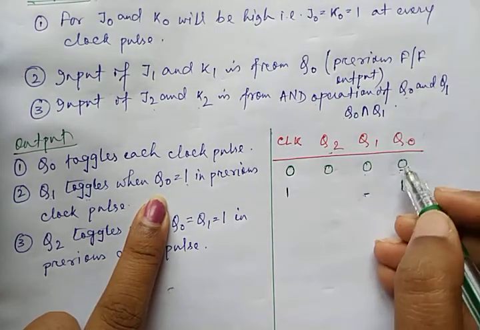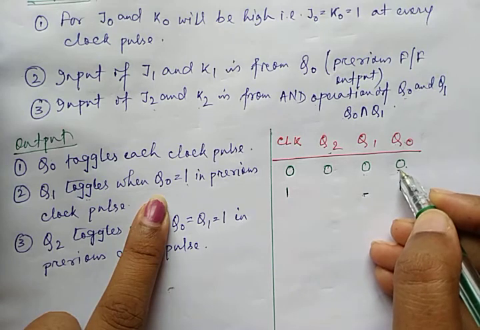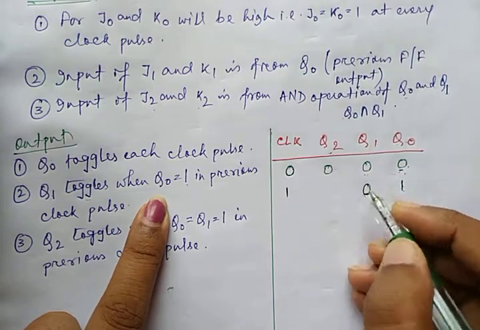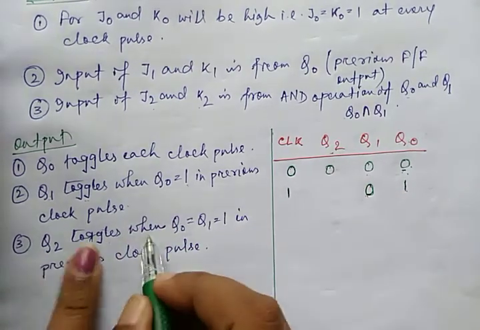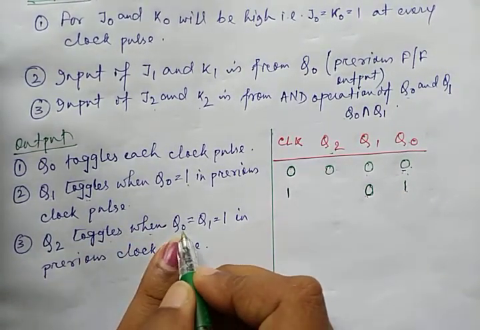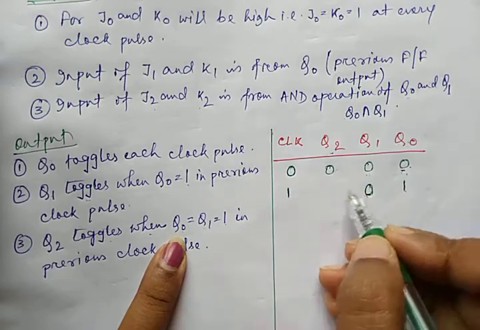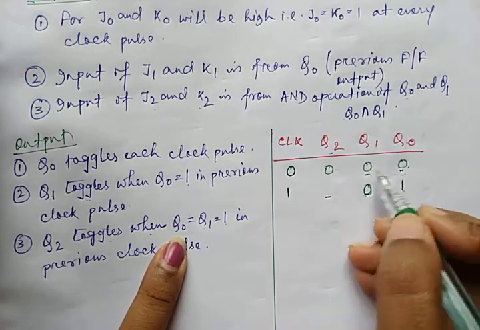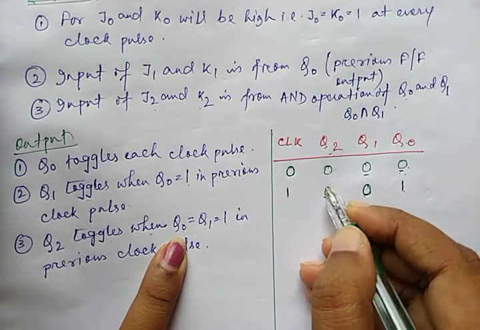You can see the previous value of Q0 is 0, so Q1 will not change, it stores its previous state. Q2 toggles when both values of Q0 and Q1 are 1. For Q2, the previous values of Q0 and Q1 both are 0, so again it will not toggle.